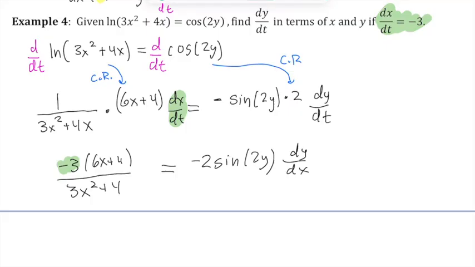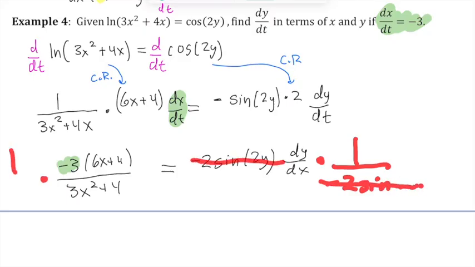And then finally, I'm going to divide this to each side. Now, when you divide it, it's just going to go down here with this one. And I guess the best way to think of this is think about it as multiplying, and it's a little bit easier as 1 over -2 sine of 2y. Those cancel out. And then when I do it over here, this will combine with the bottom.